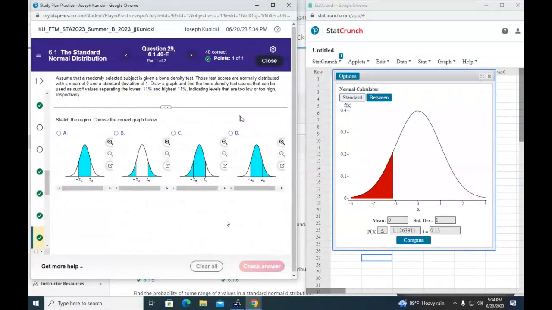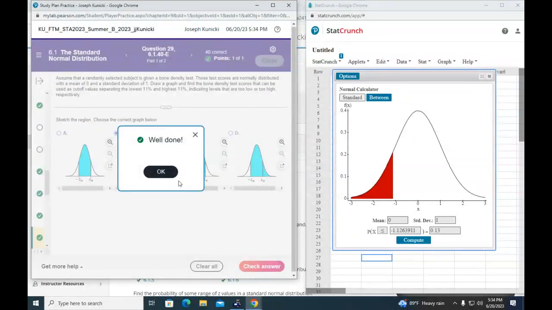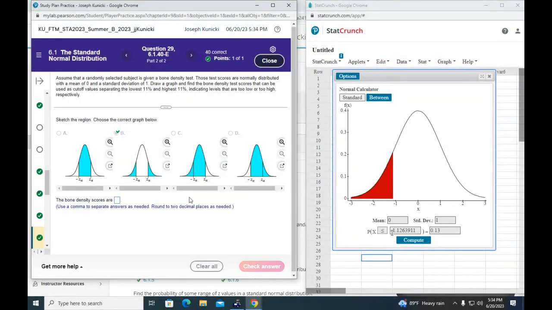Okay, they want to draw the graph and find the density scores that can be used as cutoff values separating the lowest 10 and the highest 10. B. All right. Now, you can do this for one, like the upper one, and then just use symmetry. I'll show you. Let's say we had standard, and so we did greater than.